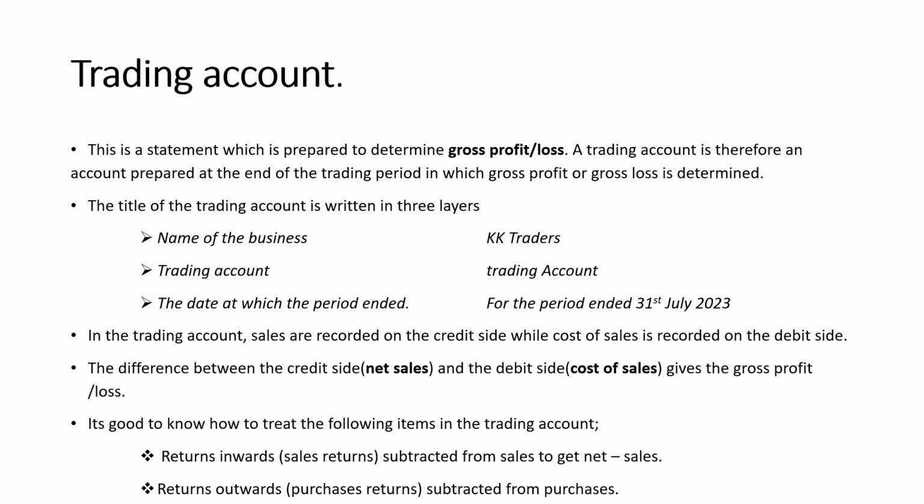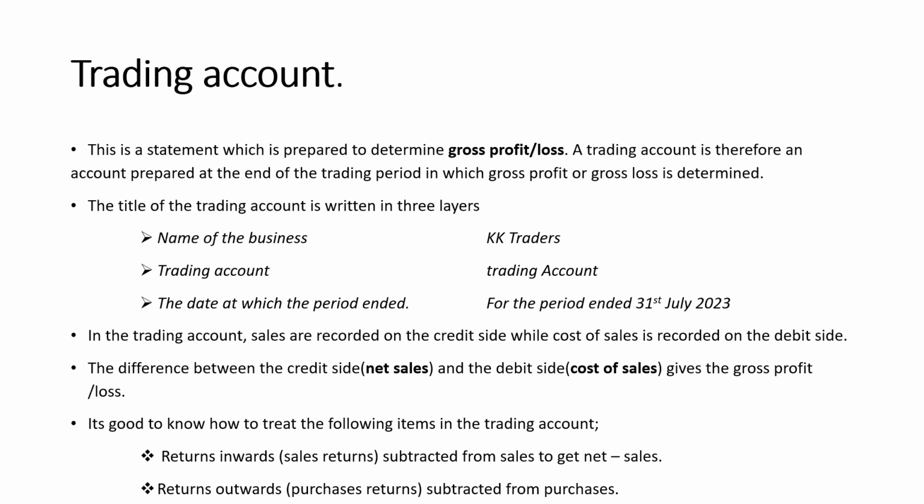We also have the carriage inwards, which must be handled well. Carriage inwards is also called the carriage on purchases. How do we treat it? Carriage on purchases is the amount the business incurred when transporting goods to the business premises, and therefore we add it.